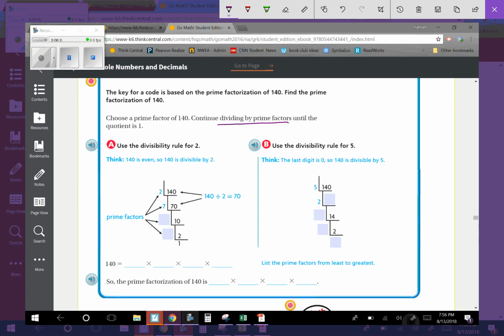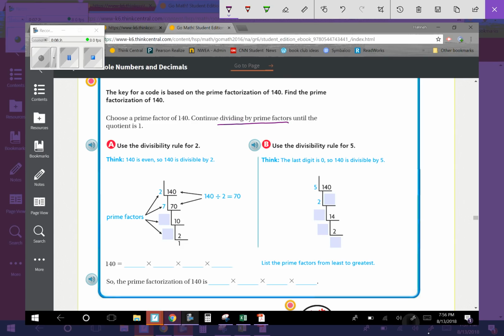So one way that we could do the ladder diagram is to use a divisibility rule by 2. So if I look at 140, the number I'm working with, 140 is even, so I know that it is divisible by 2. So 140 divided by 2 equals what? Okay, 70. So if you see, I put down here the 70. 70 divided by what?